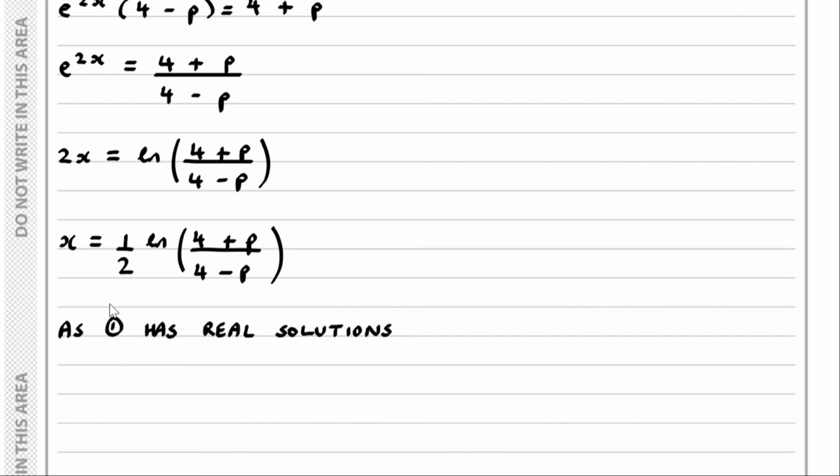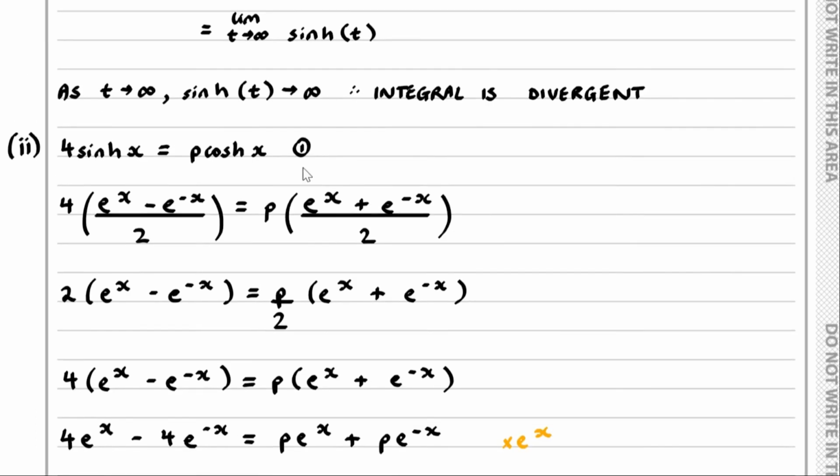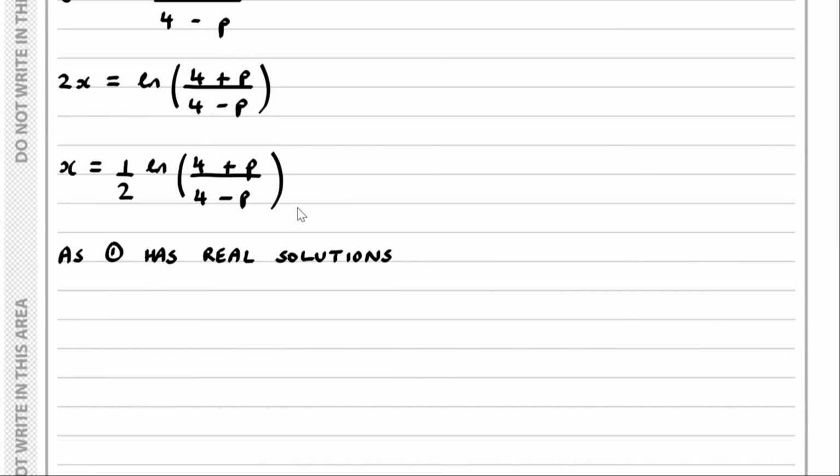Now, as the equation has real solutions, that means that the natural log of the bracket must be greater than 0. In other words, 4 plus p over 4 minus p is greater than 0.